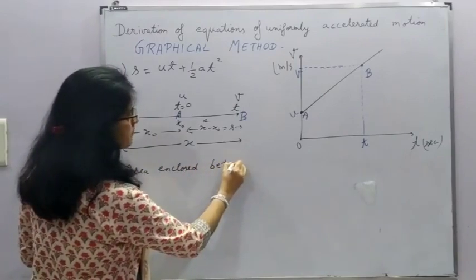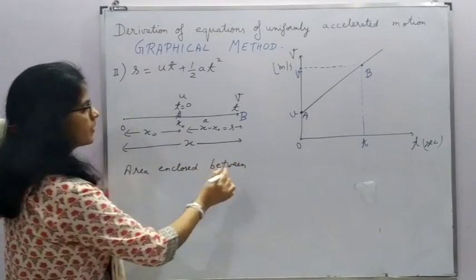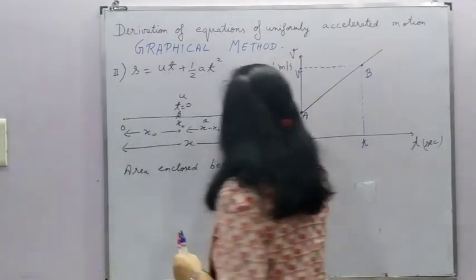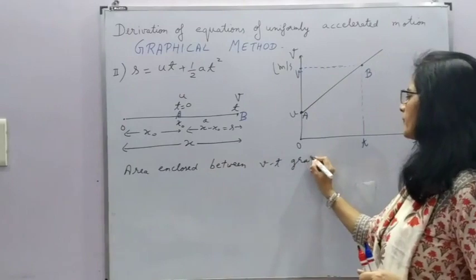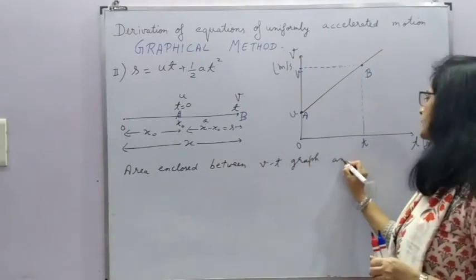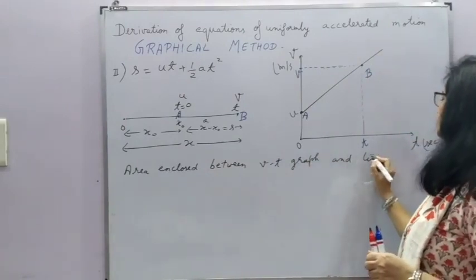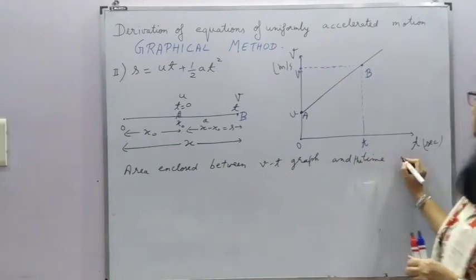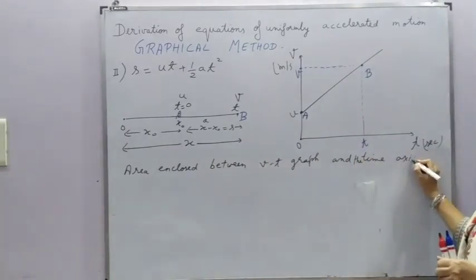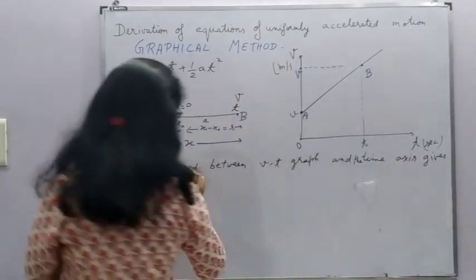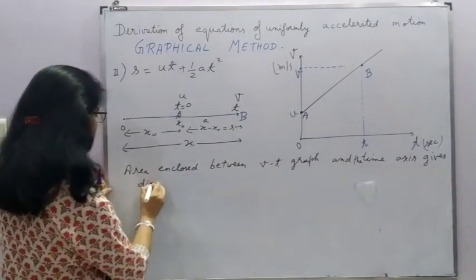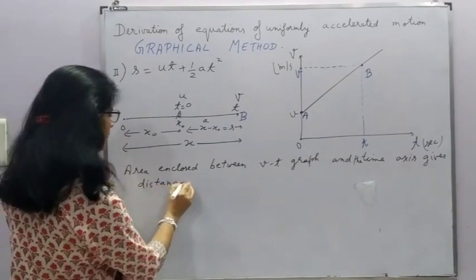between the VT graph and the time axis gives the distance.